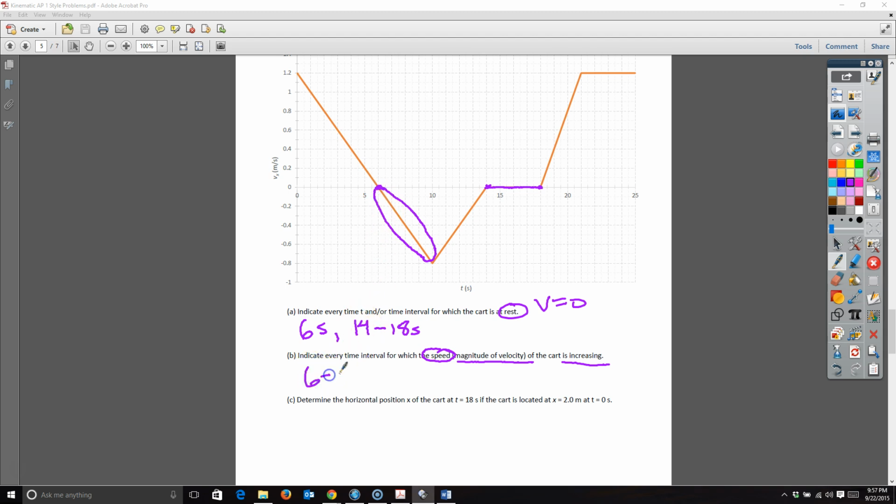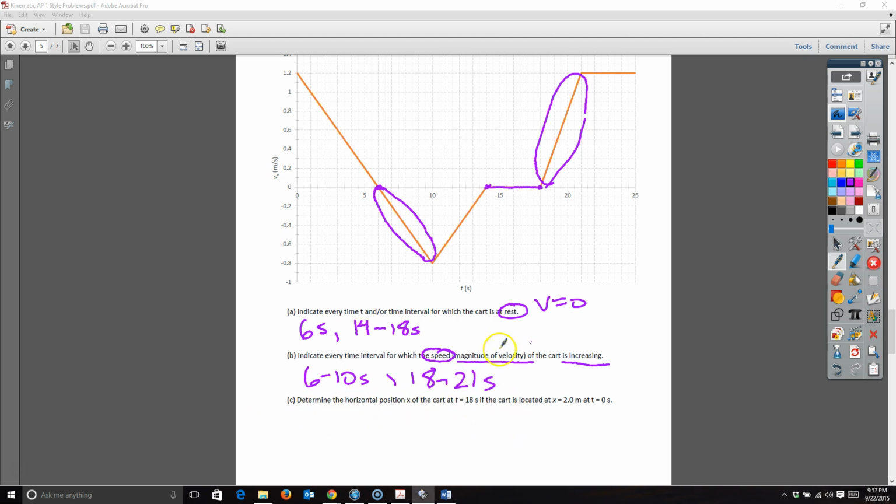So that's the first one. This is going up, but it's not increasing. You'll notice that the numbers here are getting closer to 0, so it's actually decreasing in speed. But right here, we are increasing in speed again. So our next position time here would be 18 through 21 seconds.